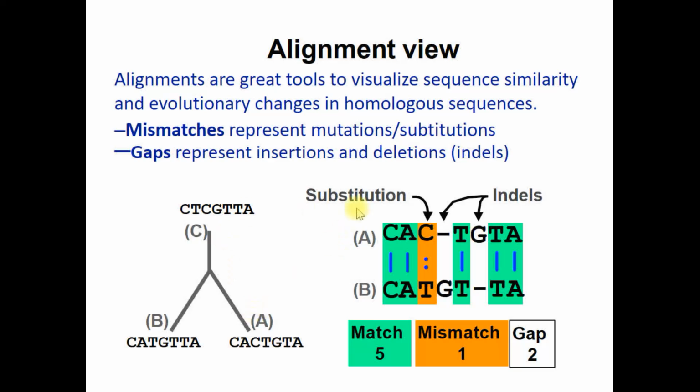Here, we align sequence A in the first row and sequence B in the second row, and then we compare these two base by base. A mismatch represents a mutation or substitution, and the gaps represent the insertions and deletions. The short line represents a match. In this example, there are 5 matches, 1 mismatch, and 2 gaps.